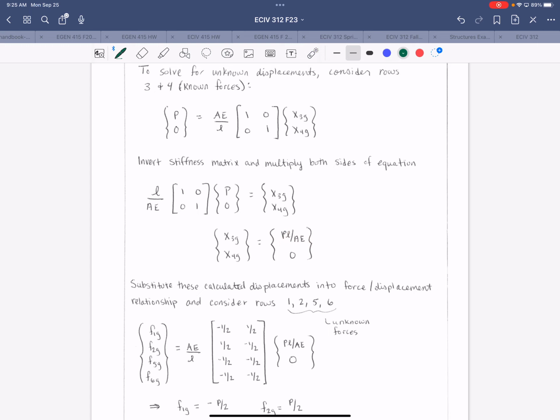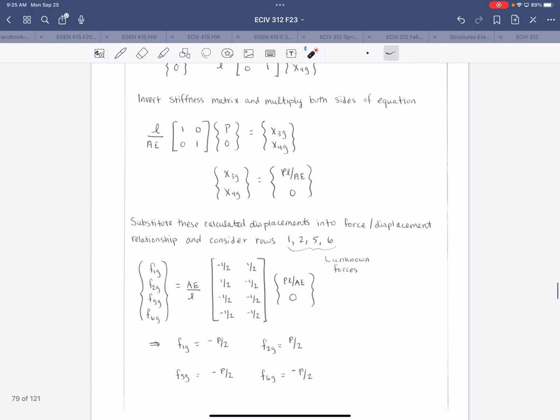So we see then that in this case, node 2 will displace in the positive direction. I'm just going to sketch that right here. So this means node 2 will move in the positive direction by some amount, but it's not going to have any vertical displacement.